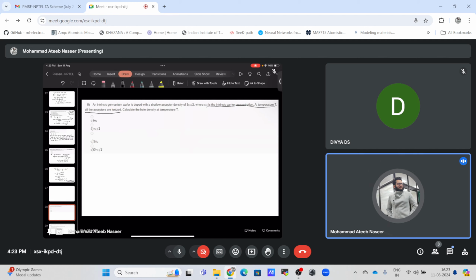It means all the acceptors are ionized, and we have no donor impurities. Let's be clear about those. Okay, so let us write down the solution for this.